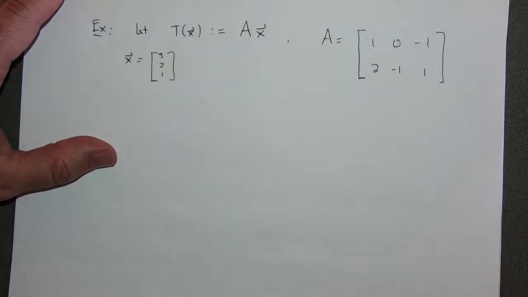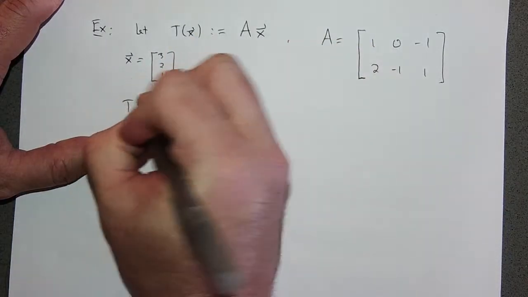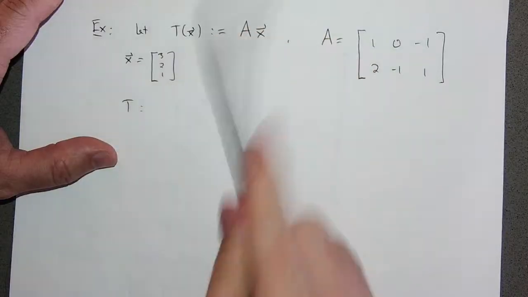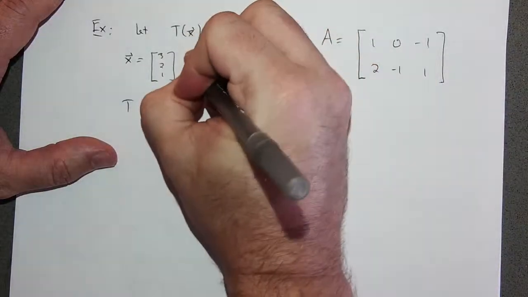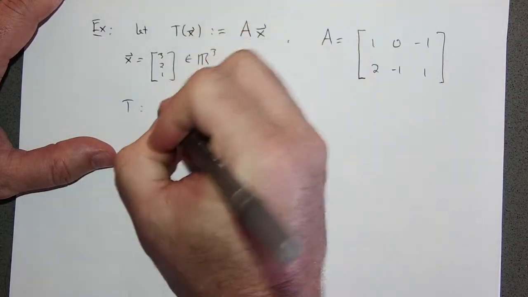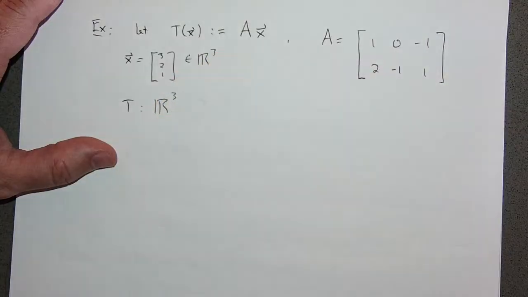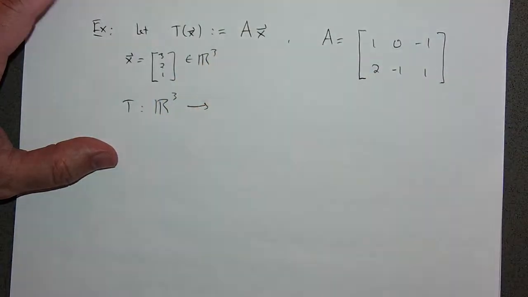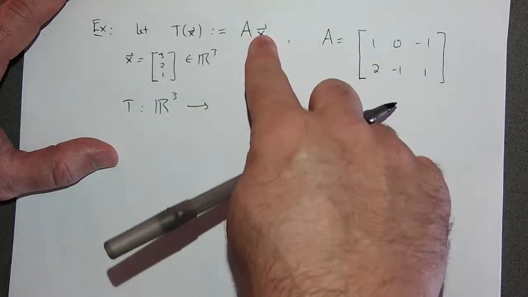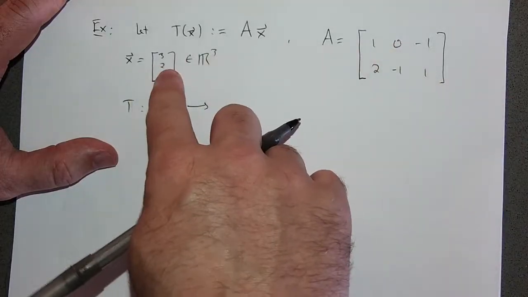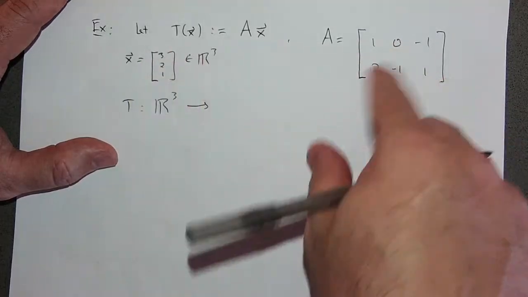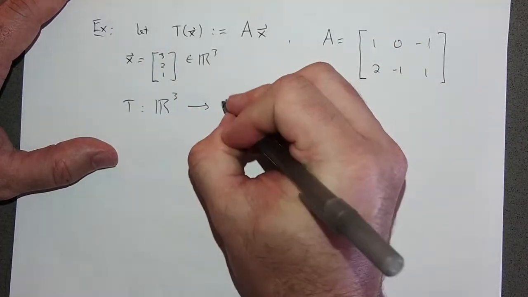So in this way, T goes from where to where? Well, it takes in a vector in R3, and sends it to a vector where. So when A multiplies X, what do I get? I get a vector with 2 entries.